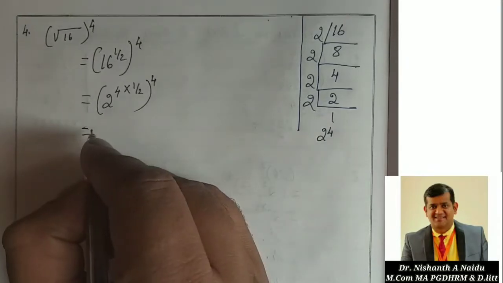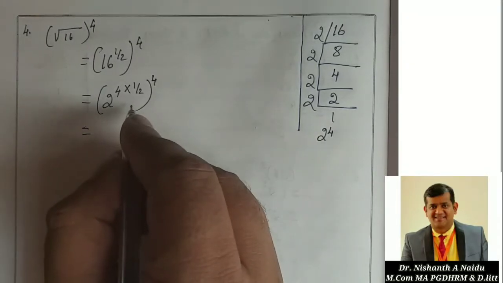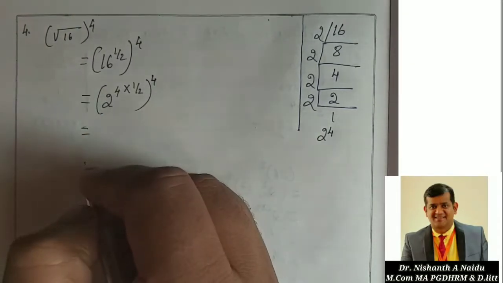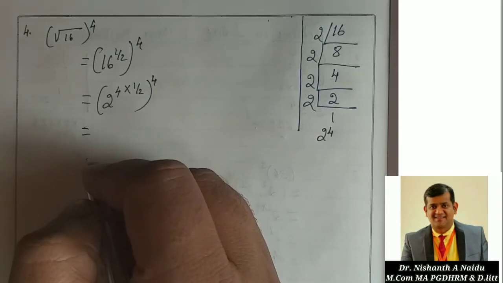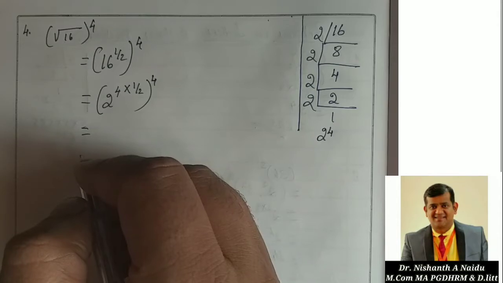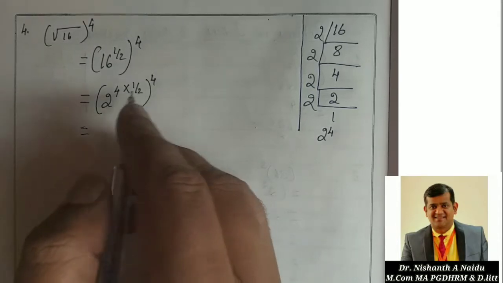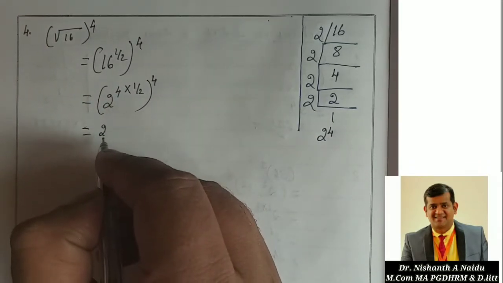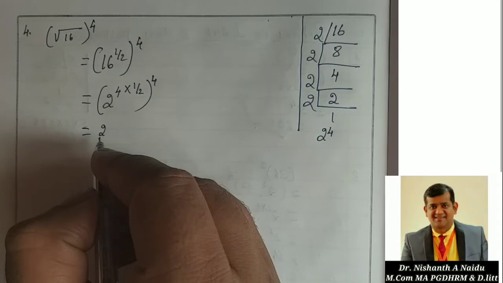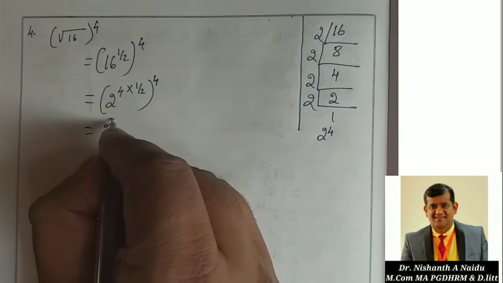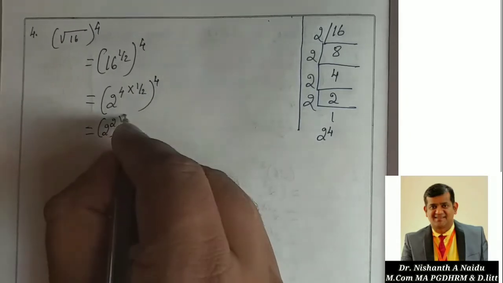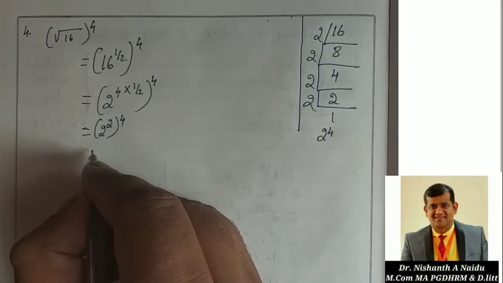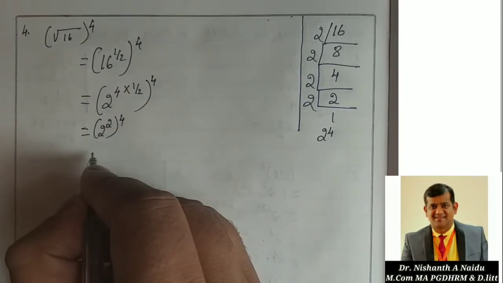So that is 4 into half. If you multiply half 4 times, how much will you get? Check out, 4 into 1 divided by 2. If you calculate in the calculator, 4 into 1 by 2, you are going to get 2. So 2 to the power of 2, whole power 4.